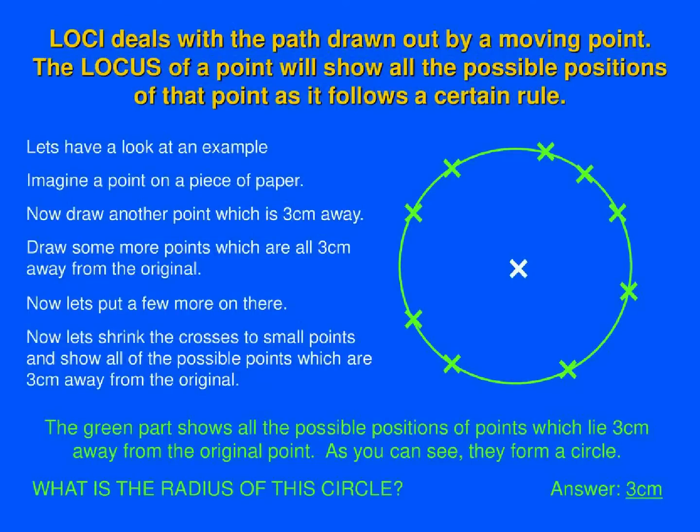So when it comes to locus formed by parallel lines, these are the things you should know. 1. The locus of a point which moves so that its distance from a fixed straight line is constant. That locus is a straight line parallel to the fixed line.